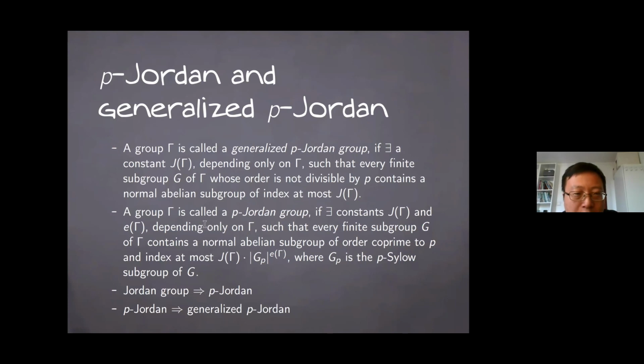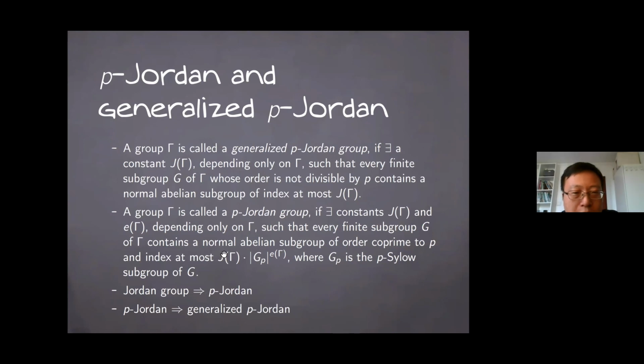This definition also seems natural. There exist constants J of gamma and E of gamma, depending only on gamma, such that every finite subgroup G of gamma contains a normal abelian subgroup of order coprime to P, but index at most J times the order of the P subgroup to the power E of gamma. So this is another definition for P Jordan.